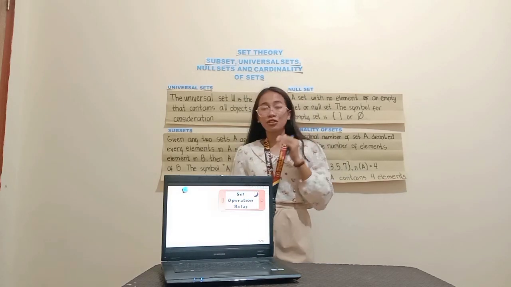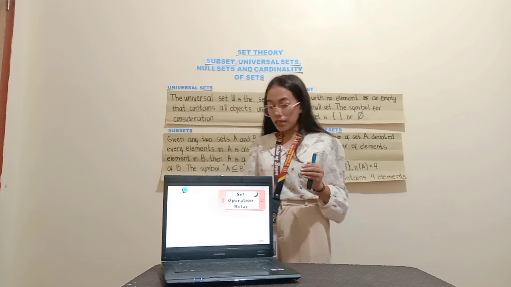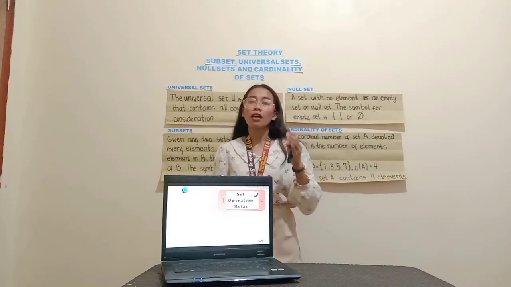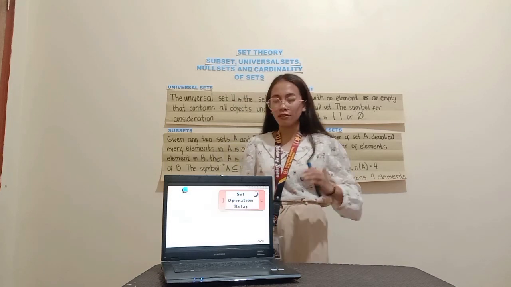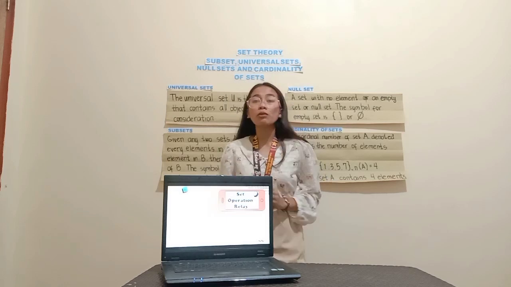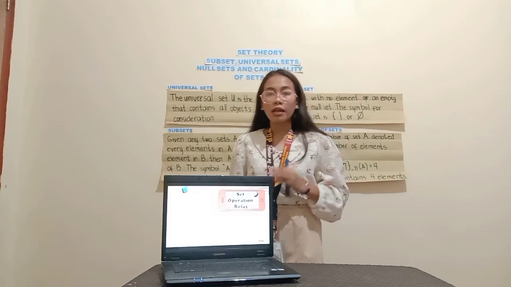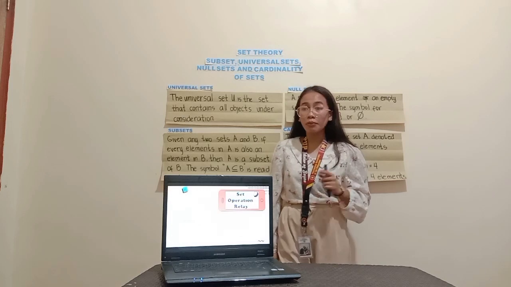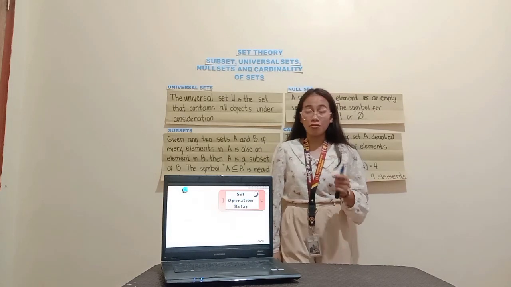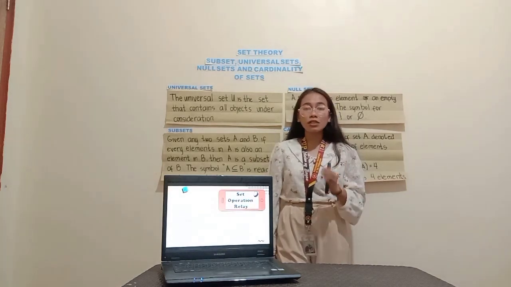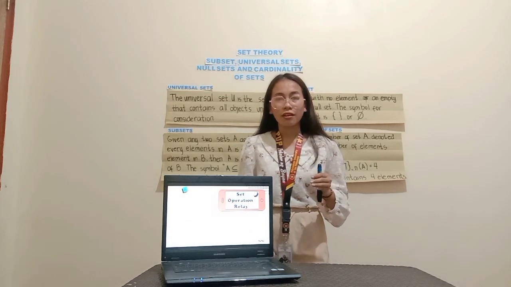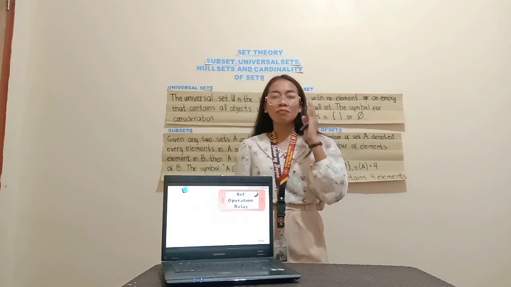We have station 1, the sets, and station 2, the subsets, universal set, null set, and cardinality of a set. Each of you will perform each problem. Set one member to verify your answer if correct or wrong. The first to finish is the winner. Are you ready? Okay, let's begin.